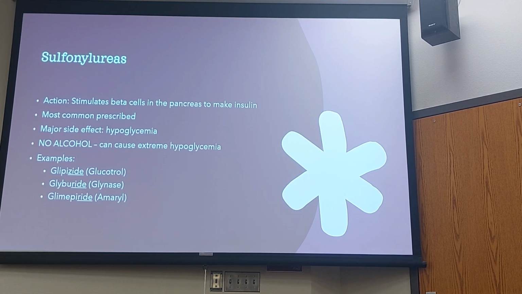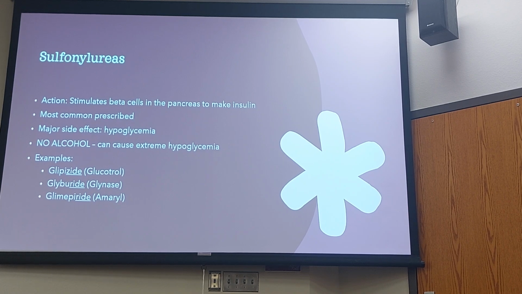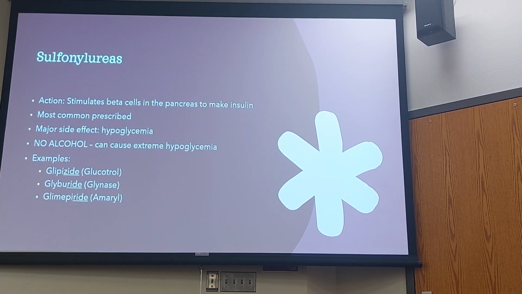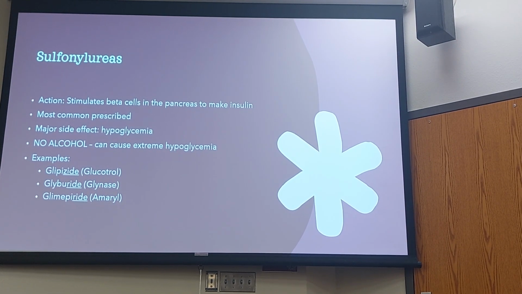So these are your zides and your rides, right? Your glipizide, your glyburide, and the glimepiride. I'm used to the brand names, like Glucotrol. So the rides are zides. Sulfonylureas.